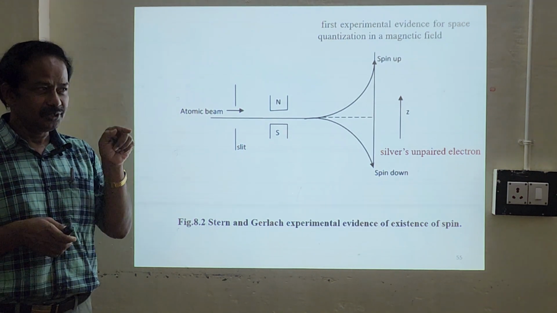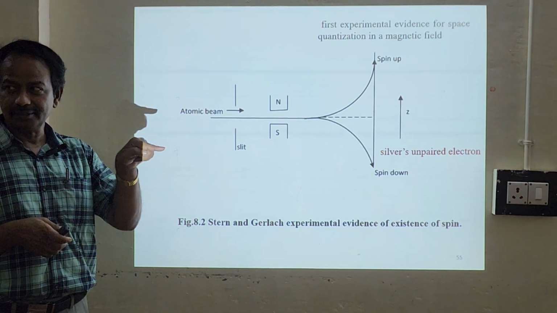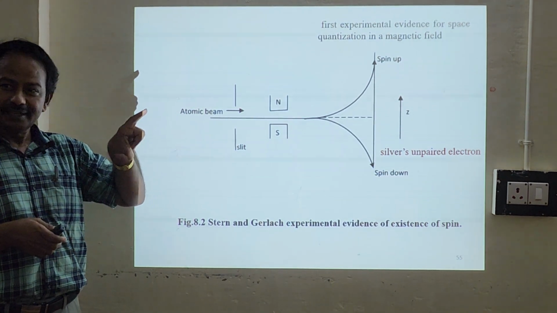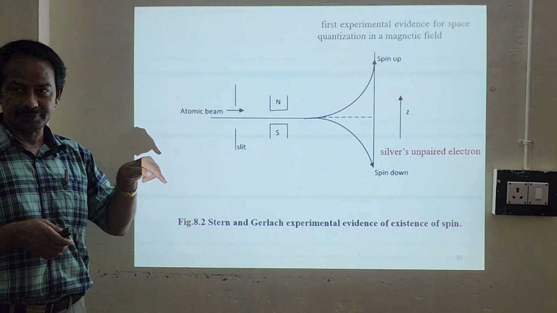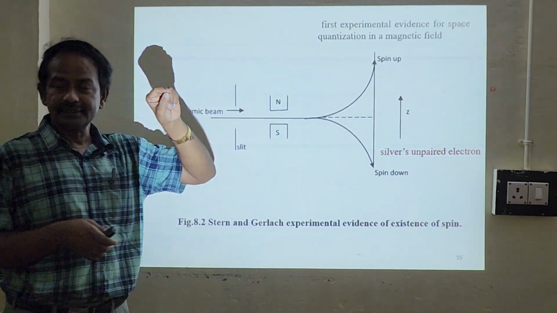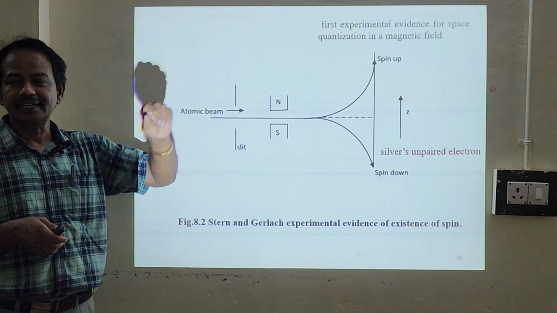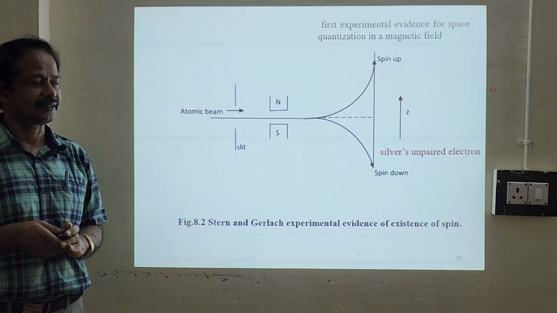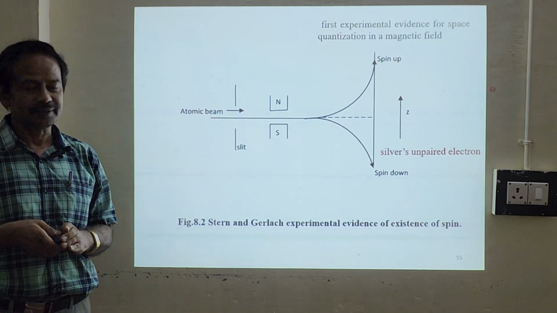A magnetic field will never deflect a neutral atom. So he thought it could go exactly onto the center, because there will be no deflection at all.